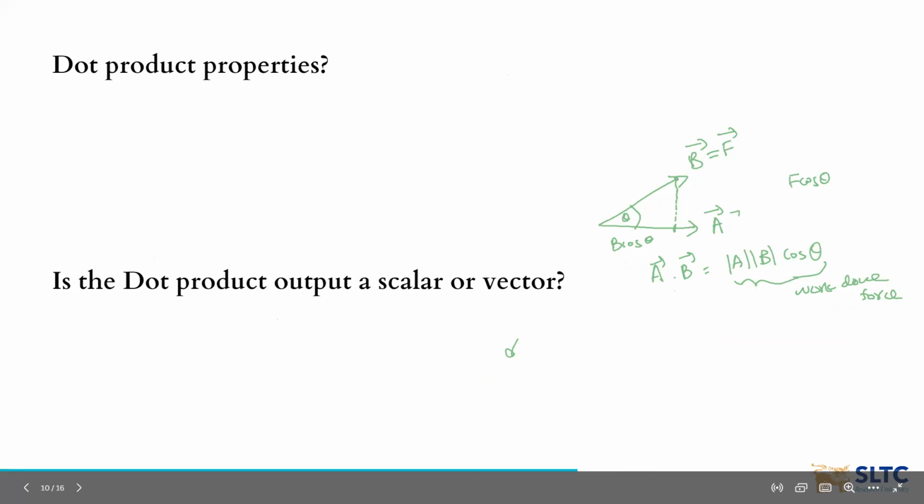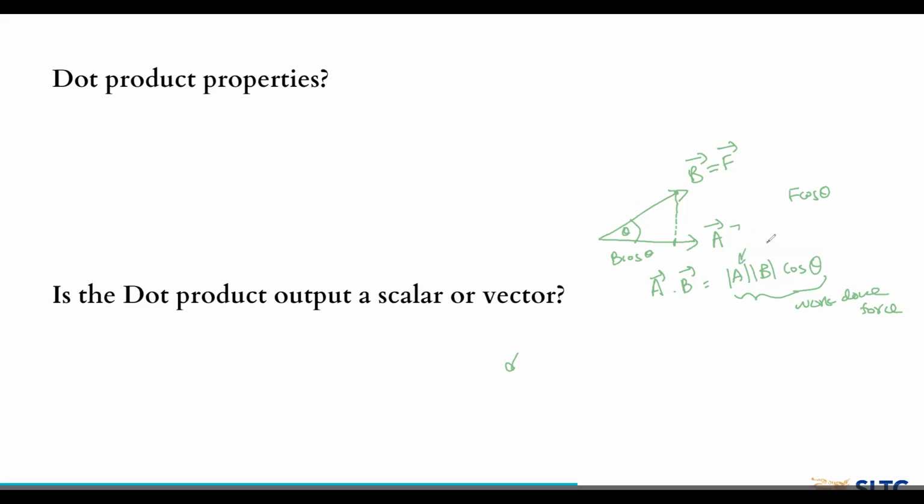As I've explained, the product here is based on the magnitudes of the vectors A and B, and then the cos theta value, right? There's no direction vector added here anywhere. Therefore, the dot product output will be a scalar.